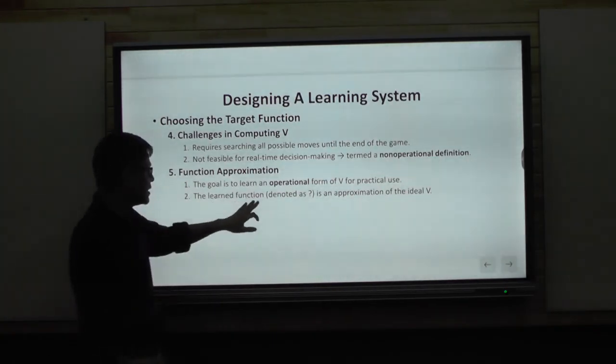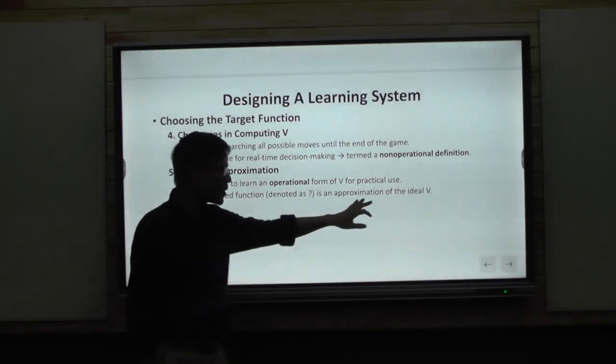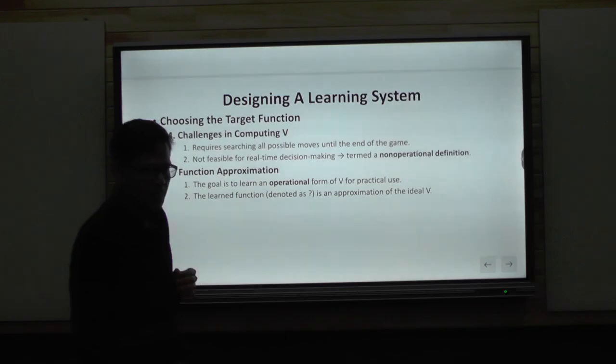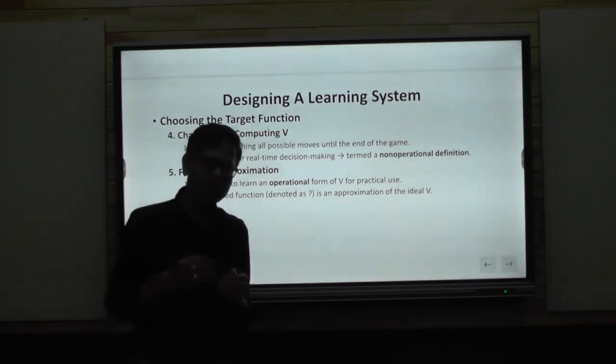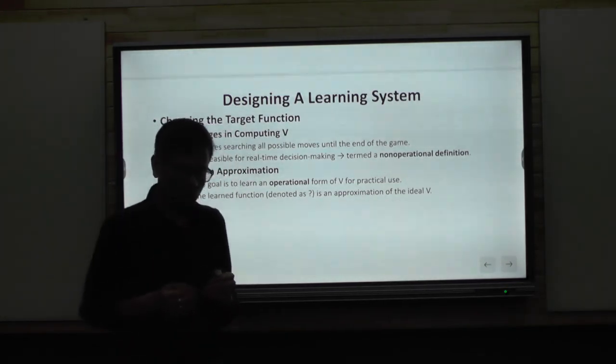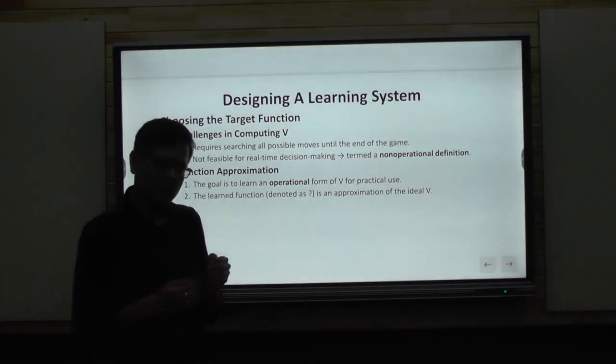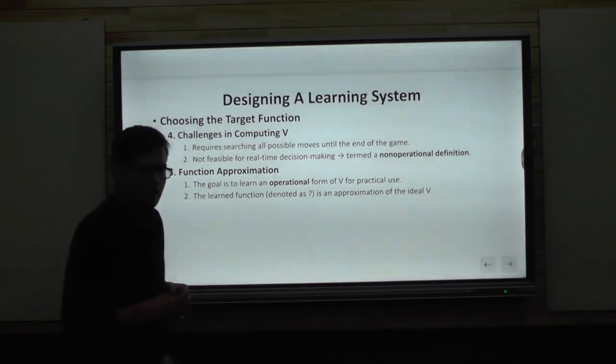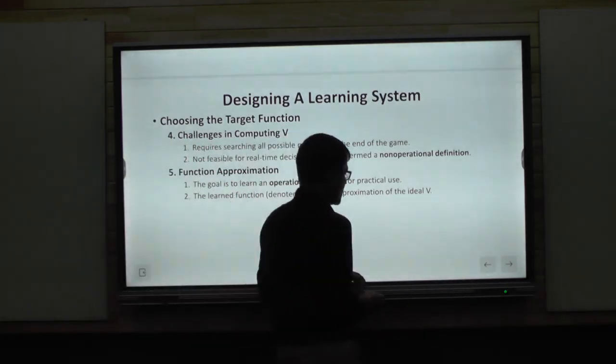The learned function is an approximation of the ideal V. Because you have taken a decision under certain constraints, it is not the ideal V, but it is somewhat near or closer to the ideal V. V-hat is your learned function.